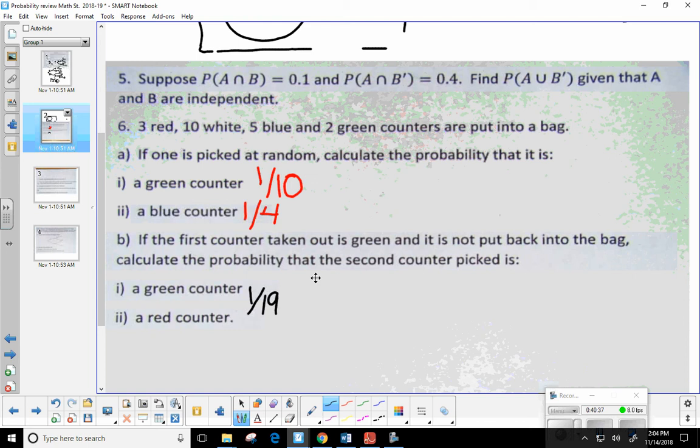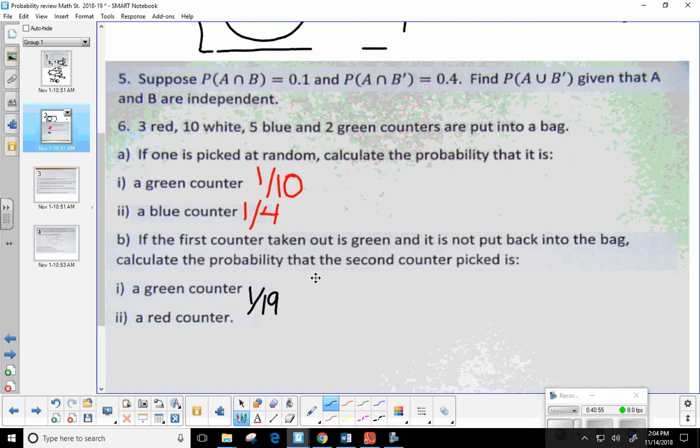We've already pulled out one green counter, but we're not going to put it back. So we want to know the probability of pulling out the second one, but we have to account for that, which is why you subtracted the 1 off the 20.